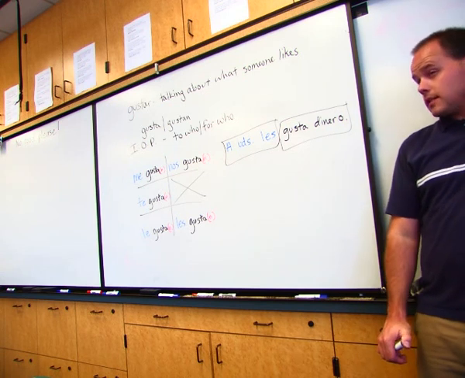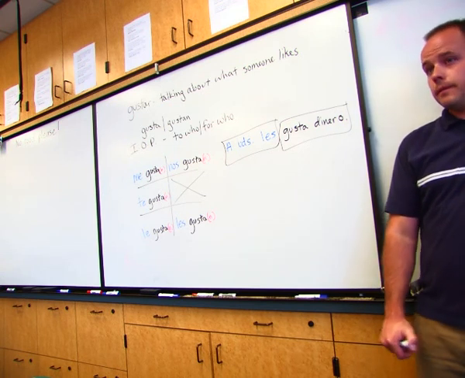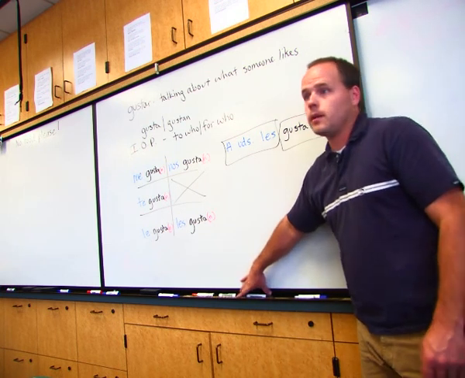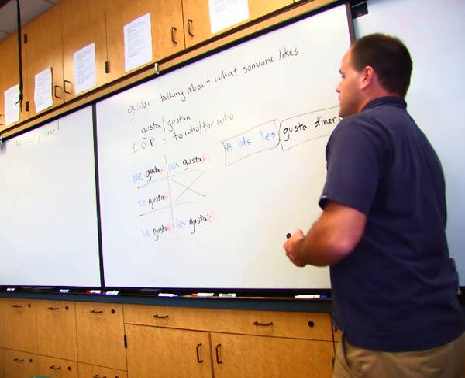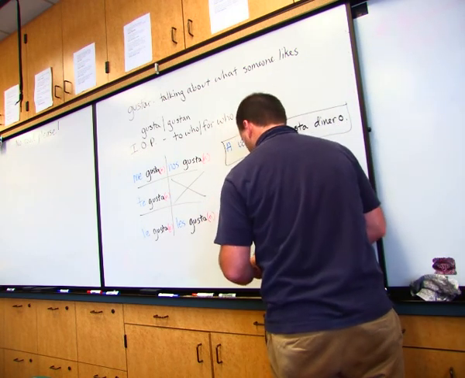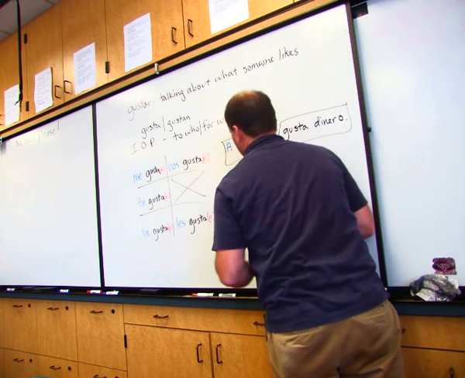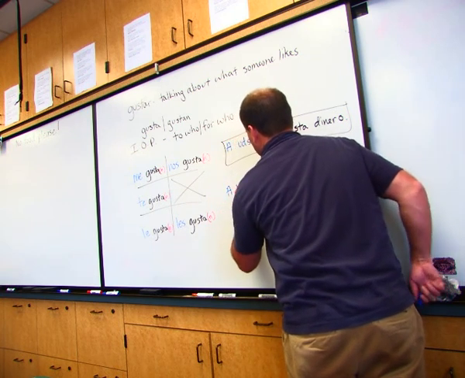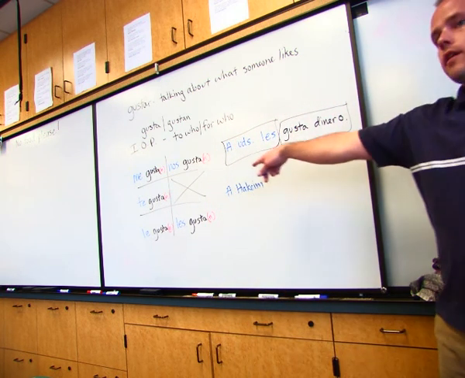Now I'm going to give another example. Okay? Who likes tacos? All right, okay. So, Hakeem, you like tacos. Can I use you as my example? All right. So how would I start this? A Hakim. Okay. Which indirect object pronoun is he?